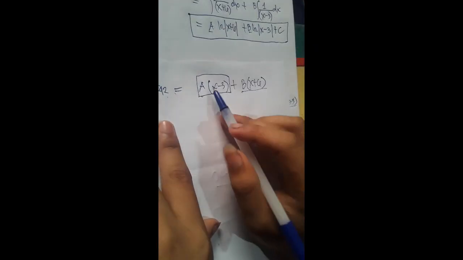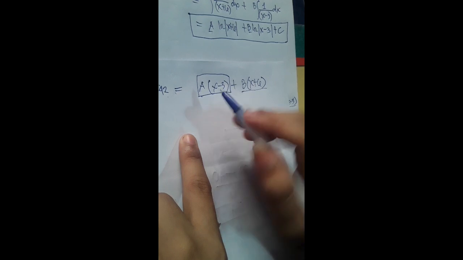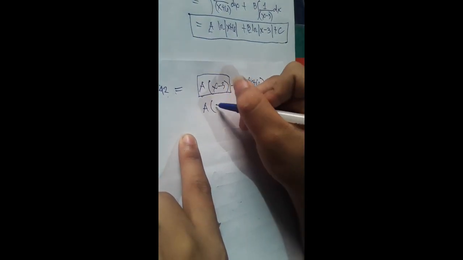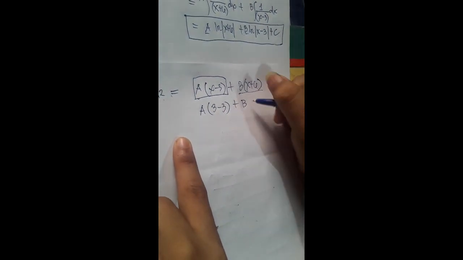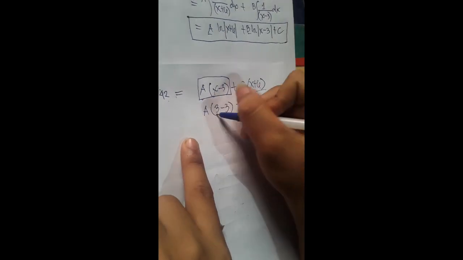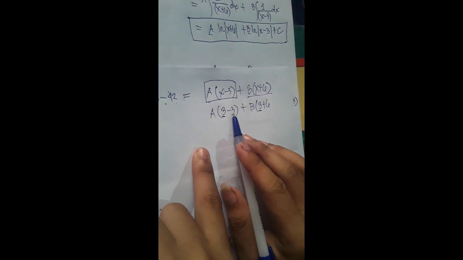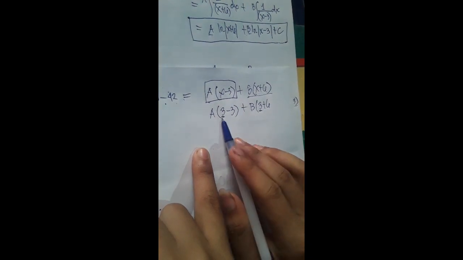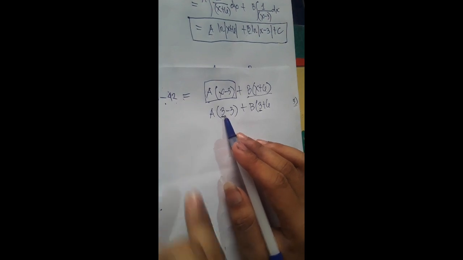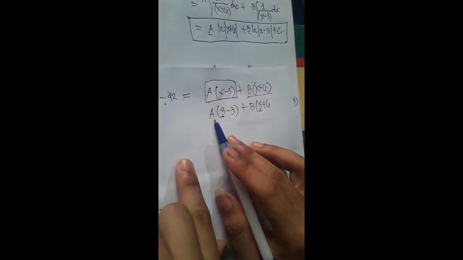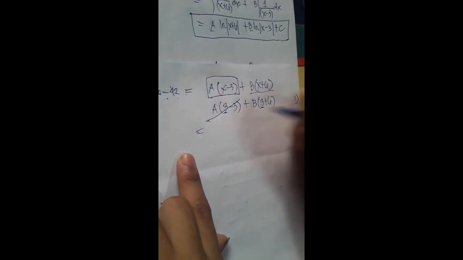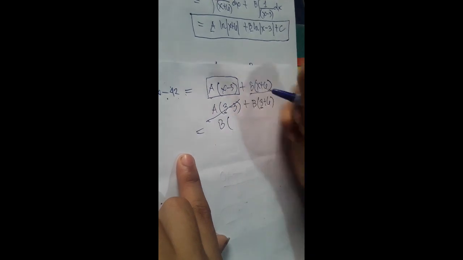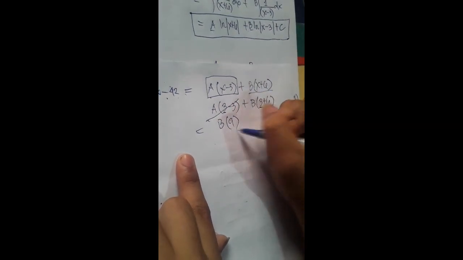Because if we substitute 3 here, a times 3 minus 3 plus b times 3 plus 6. If we subtract this one, this will become 0. So 0 times a is 0, and we can eliminate this one. The remaining value is b times 3 plus 6, which is equal to 9.